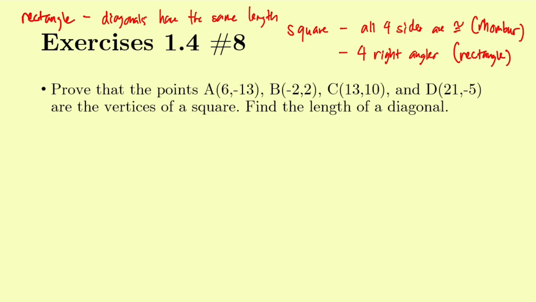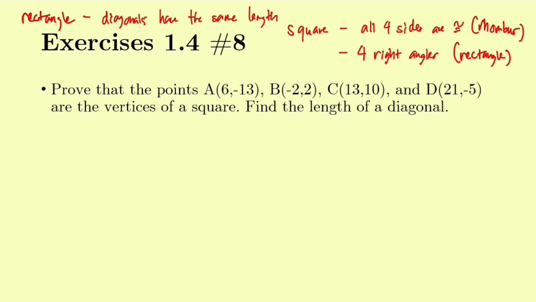Kasi kapag we are trying to prove that these are four right angles, we need to find muna yung equation of the line for each side, no? And that will take a little bit of time compared to our approach, which is to find the measurement of the diagonals and show na pareho lang yung measurement nila. So, gagawin natin dito, una, kunin yung distance ng apat na pares ng sides and show na iisa lang. And next, kunin ang distance ng dalawang diagonals natin and show na iisa lang din ang length niya.